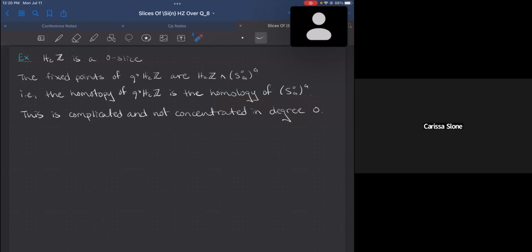But these fixed points are complicated and not concentrated in degree 0, i.e. Q star HZ is not a zero slice. So with Q star, if we pull back a slice, we're not guaranteed to get another slice.